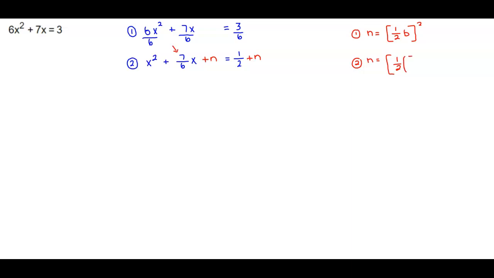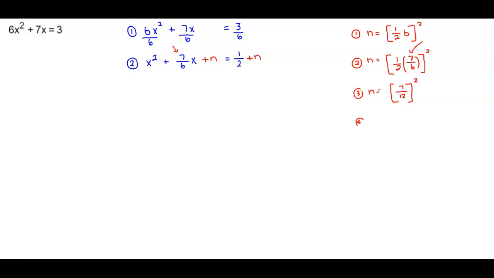So we take 1/2 and multiply that by 7 over 6, and then square that. 1/2 of 7/6 is 1 times 7, which is 7, over 2 times 6, which is 12. We didn't have to simplify anything. Sometimes you may have to simplify before you multiply in there. In this case, we didn't have to. So we have 7/12, and then we're going to square that.